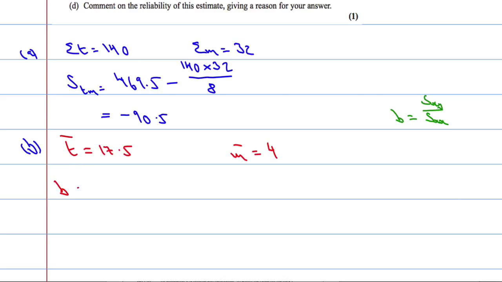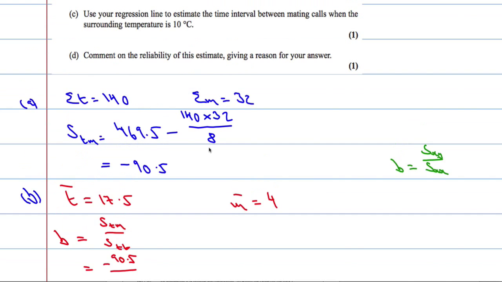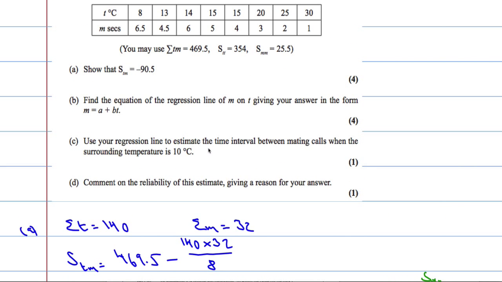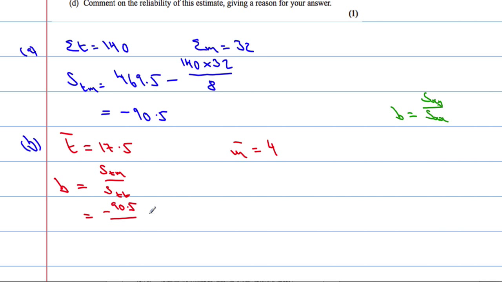So B is going to be STM over STT, which is negative 90.5 divided by, and have we got STT? We do indeed, 354.